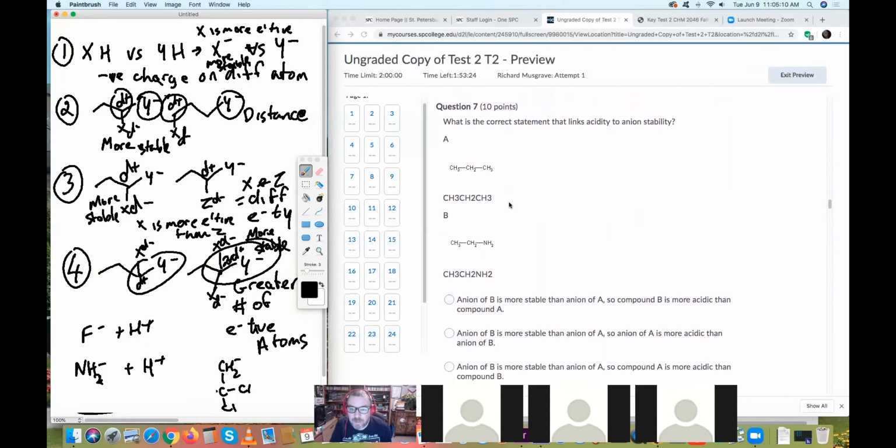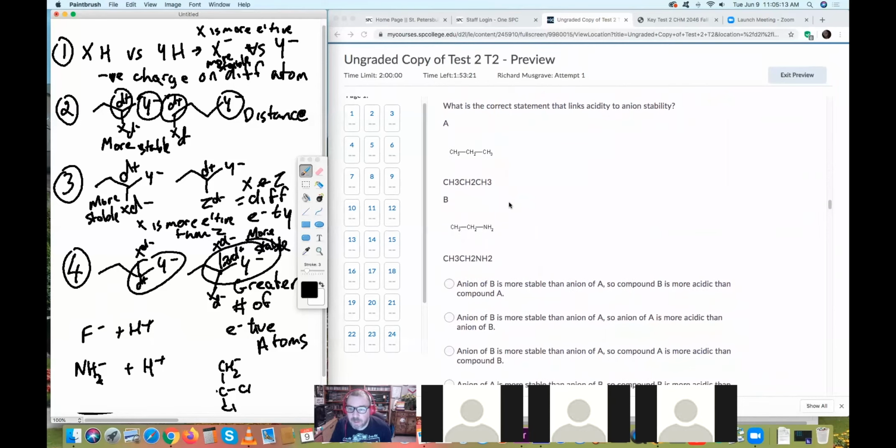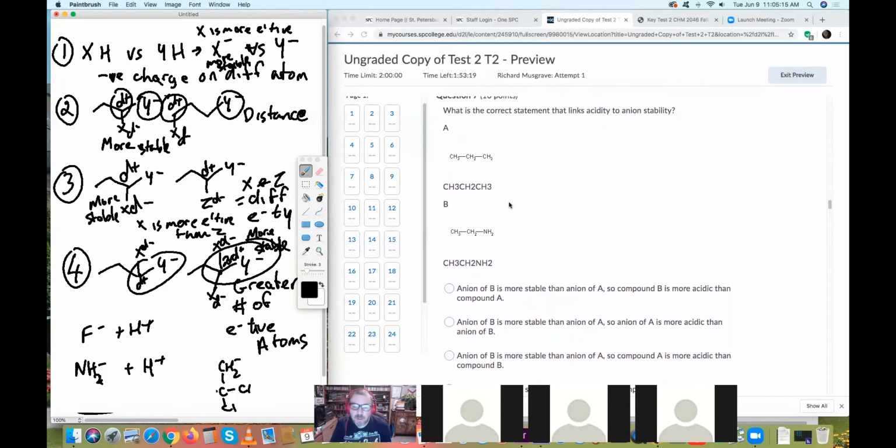So what's the correct statement that links acidity to anion stability? This is where the semantics of what I was talking about comes into play. For this one, if I drew the anions out, and I will draw the anions out for this one, the anions are going to look like this.